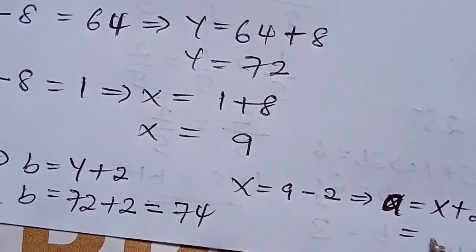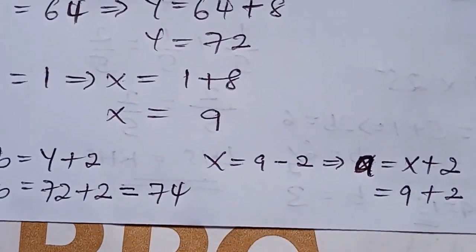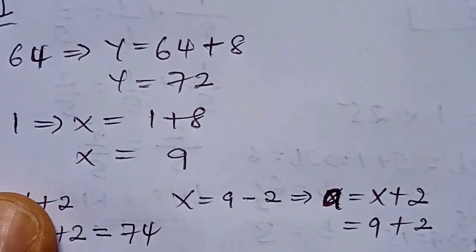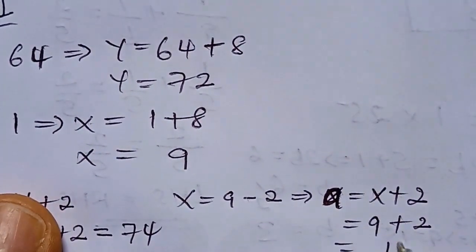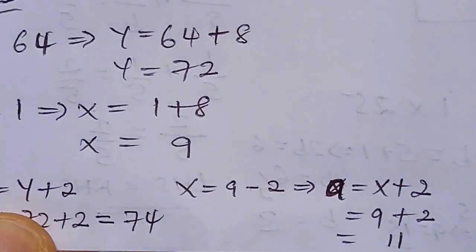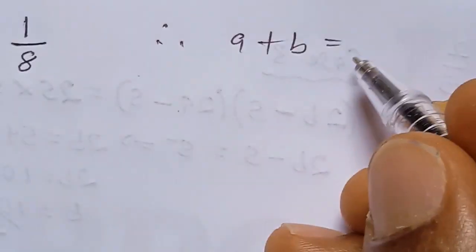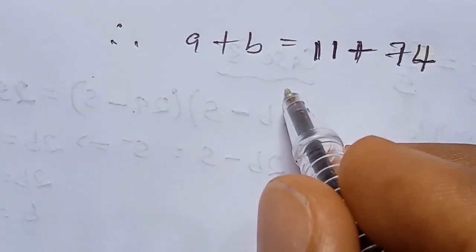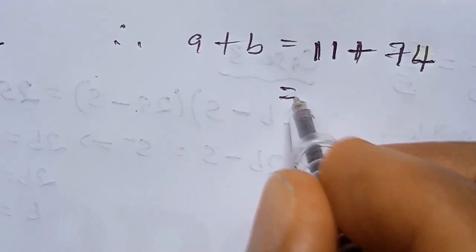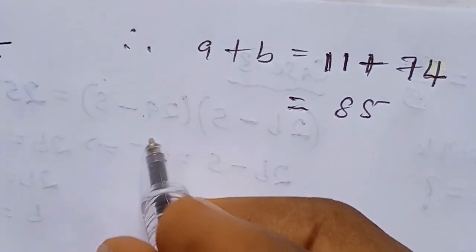And that gives us 9 plus 2, which is equal to 11. Therefore, for case 1, a plus b will now be equal to 11 plus 74, and that will give us 85 for case 1.